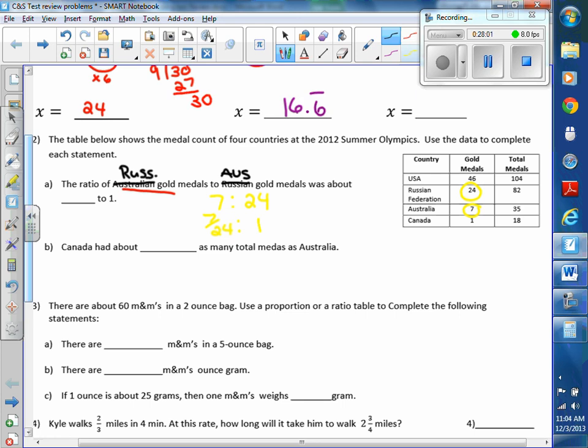You see why? So Russian to Australian, at least you can kind of get a sense of about how many more. So if I want this to be a 1, see the word about? That's an estimate word. So really I want to think about that instead of 24 divided by 7, what do I really want to think about it as?